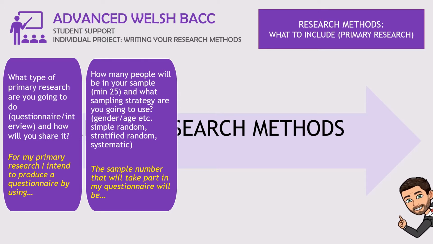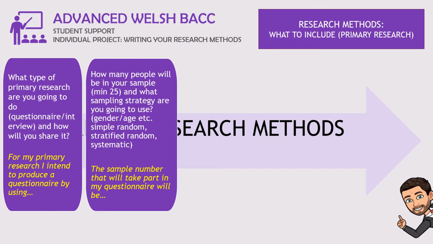Next one then is talking about the sample size and the sampling strategy that you're going to use. Now, I touched upon it earlier. That is going to be important in achieving the top grades. At GCSE, it's not necessarily required, but certainly at A level, you need to consider how you're going to select those people who are going to be in your questionnaire.